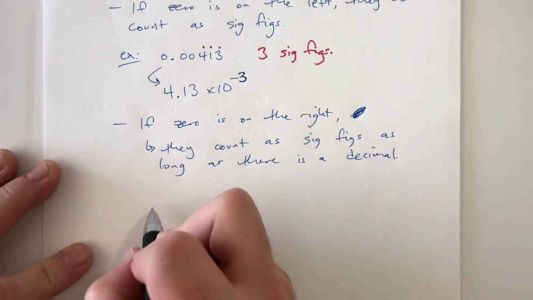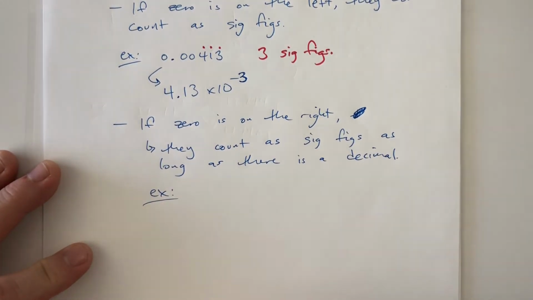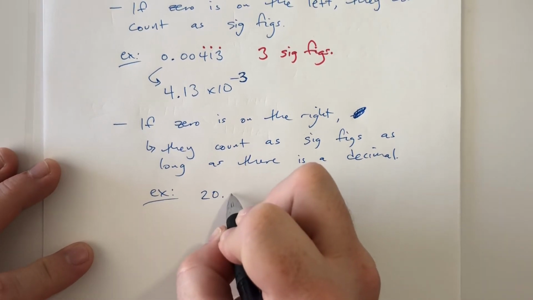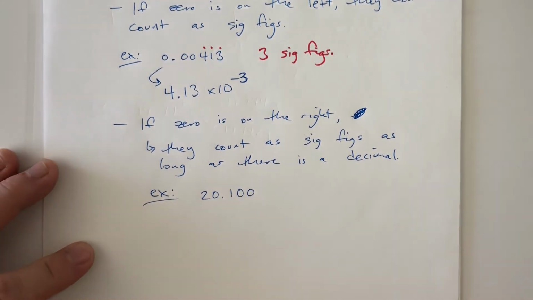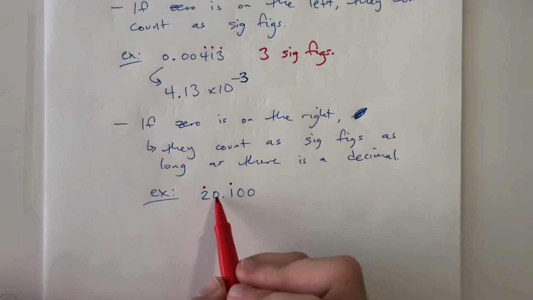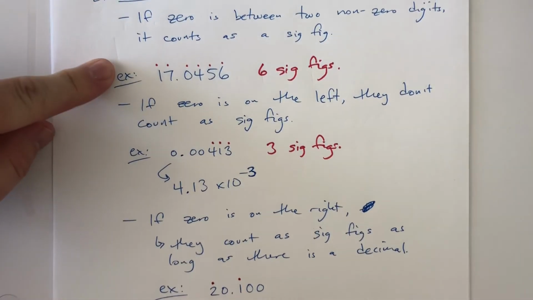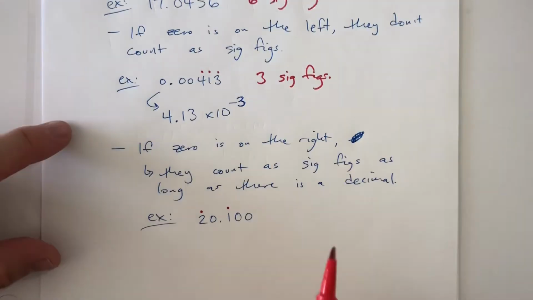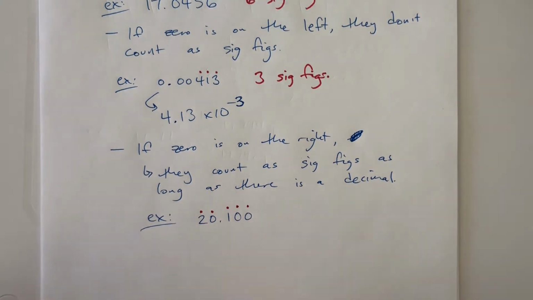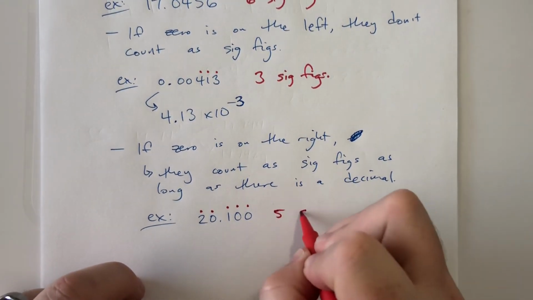So for example, if you had 20.100, okay, the 2 counts, the 1 counts. This is one of these previous rules where it's in between two non-zero digits, so that counts. There is a decimal point. These are on the right, so they count also. So this would have 5 sig figs.